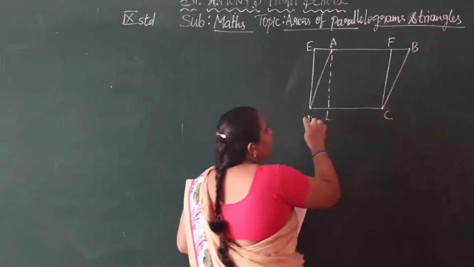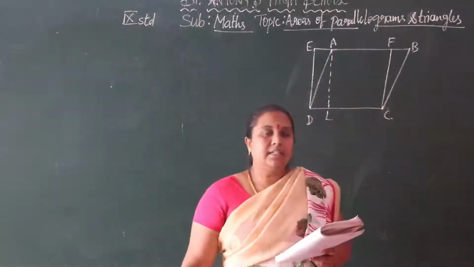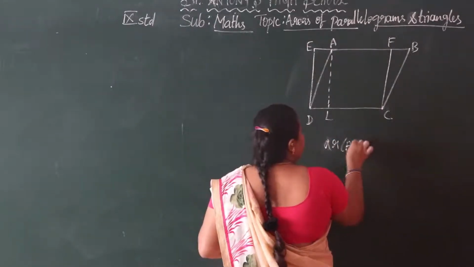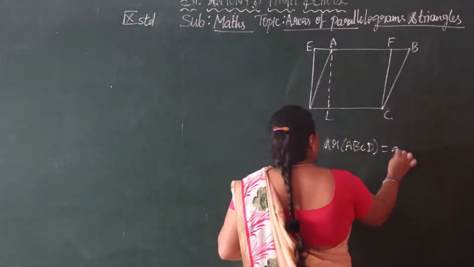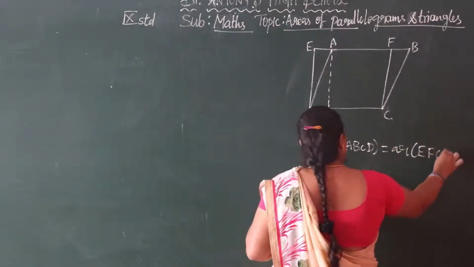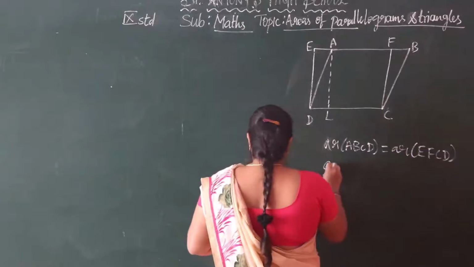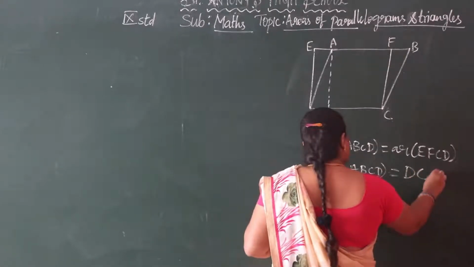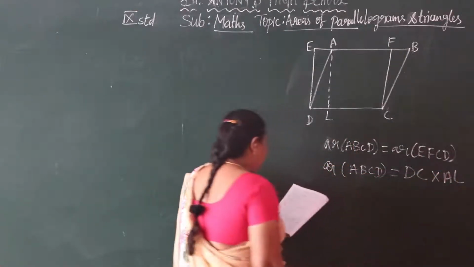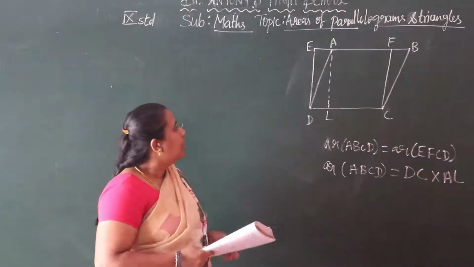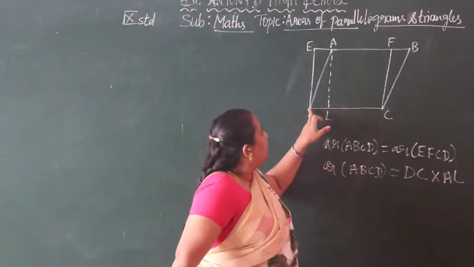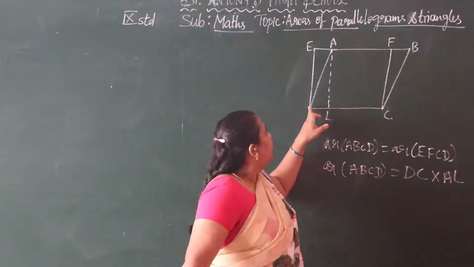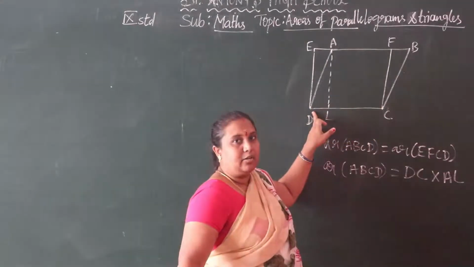This is L. So AL is perpendicular to DC. Prove that area of ABCD equals area of EFCD, and then area of ABCD equals DC into AL. So we have to prove this. Here EFCD is a rectangle and ABCD is a parallelogram. This is given.